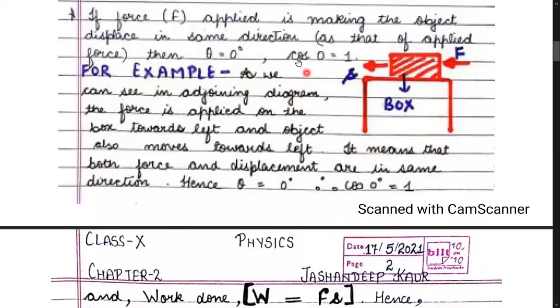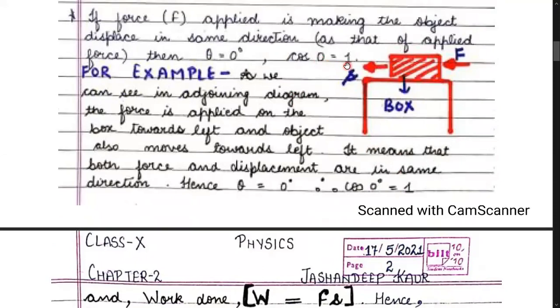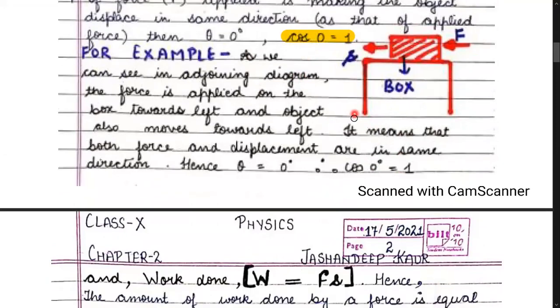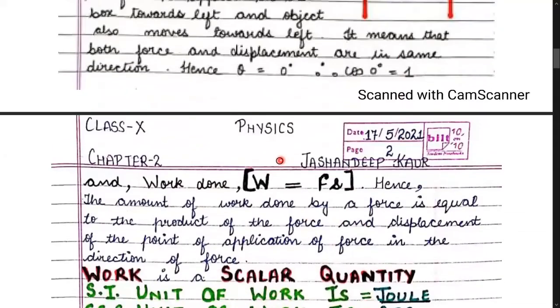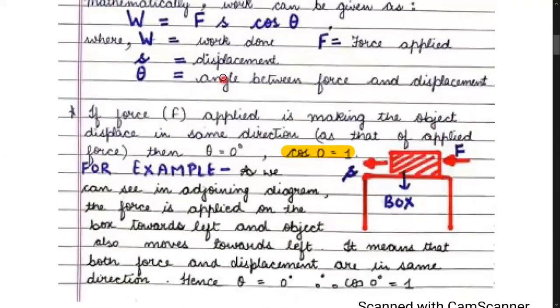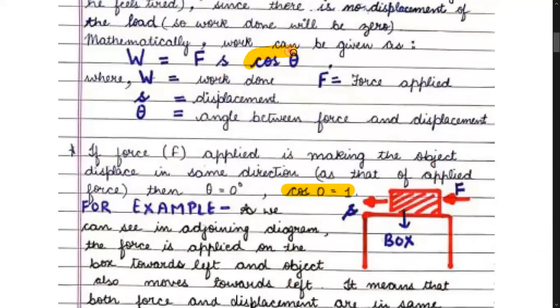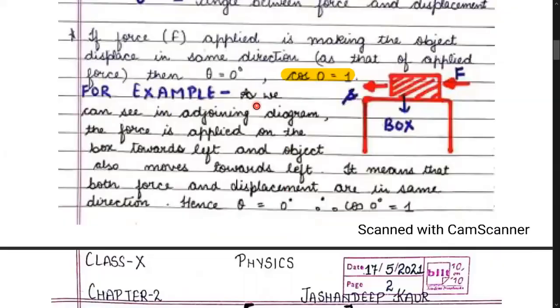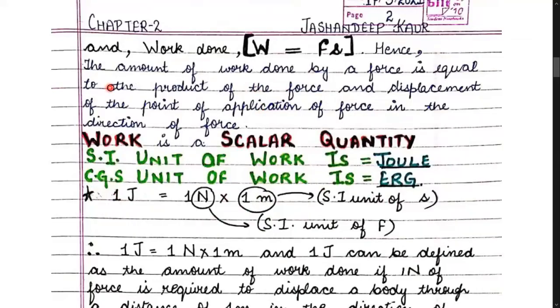And children, just remember that cos 0 is 1. What is cos 0? Cos 0 is 1. So if you put it in the formula Fs cos theta, this term will become 1. So hence the formula of work done can be written as work is equal to force into displacement.